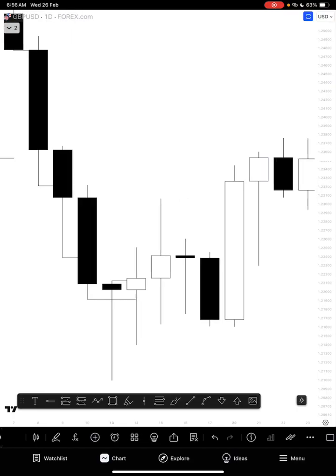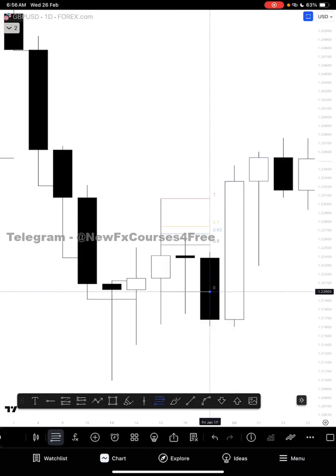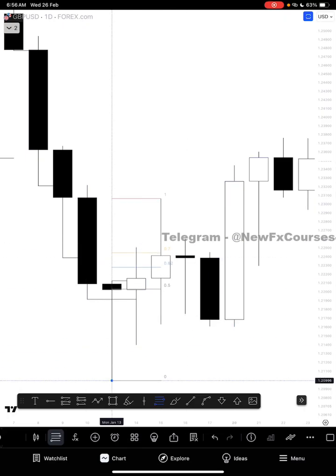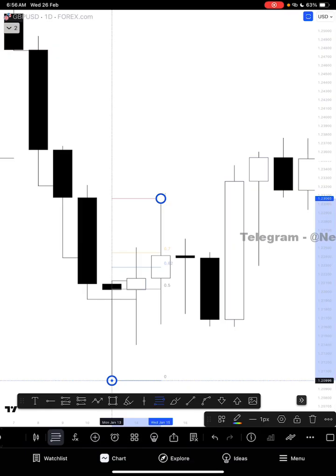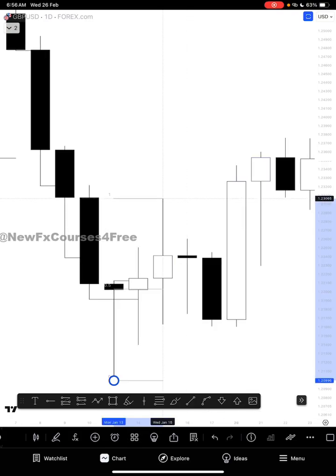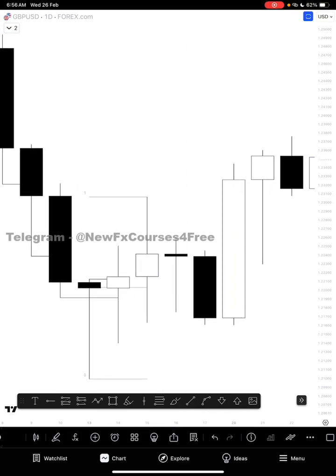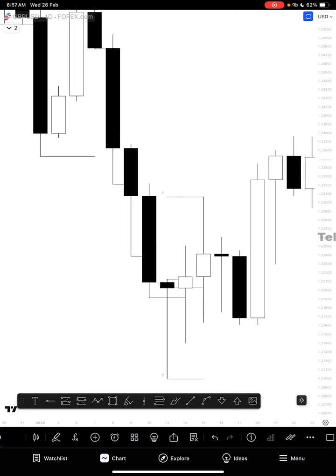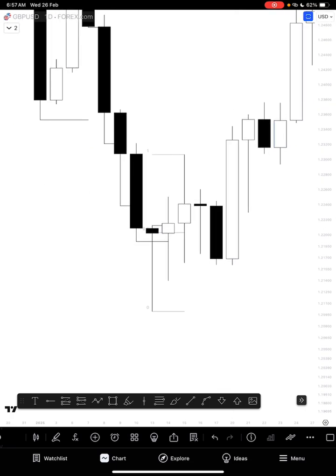If I go to the 4-hour time frame, this move from here to here, it's actually a discount of the range here to here. So you can see the 0.5 level. This move coming lower is actually a retracement to the discount region.